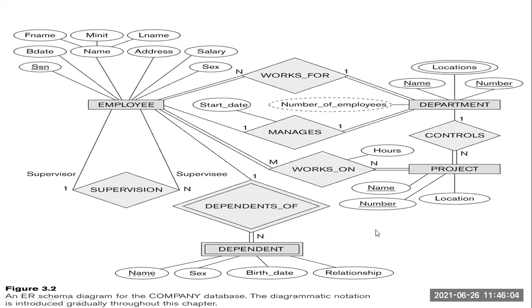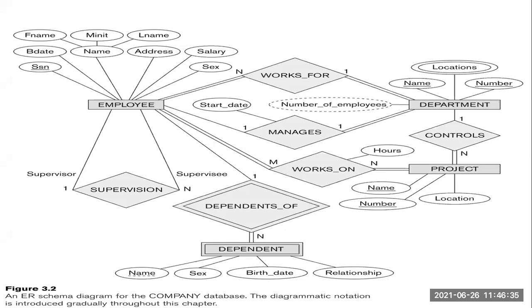So now we shall proceed to which are the strong entities. With the help of this diagram, can anyone tell which are the strong entities? Employee, department, project.